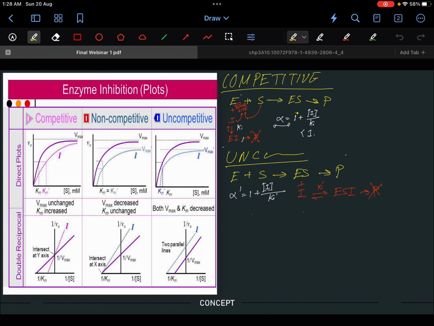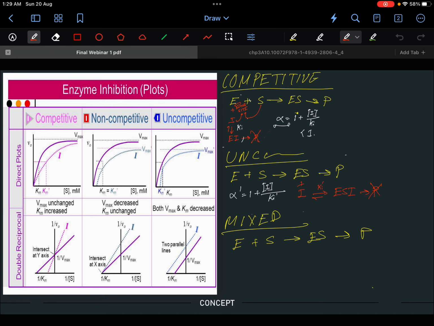Now there is mixed inhibition. Mixed is so simple that the term itself tells everything. Mixed means competitive plus uncompetitive. So this is the enzyme, this is the substrate, this is the enzyme-substrate complex, and this is the product. What will the inhibitor do?